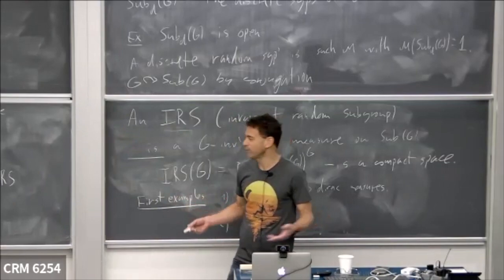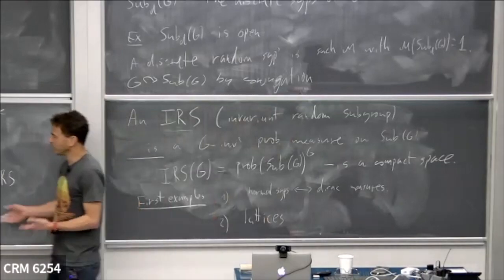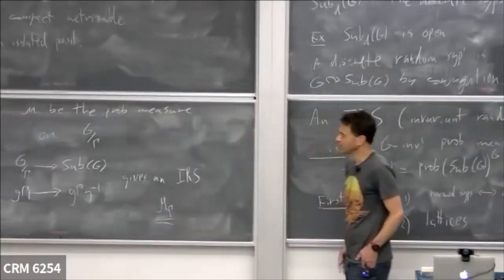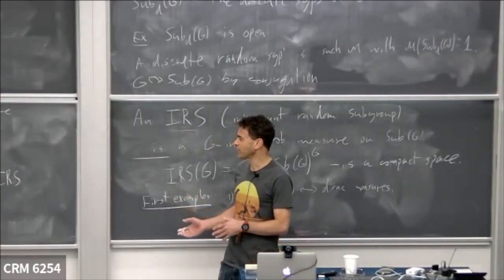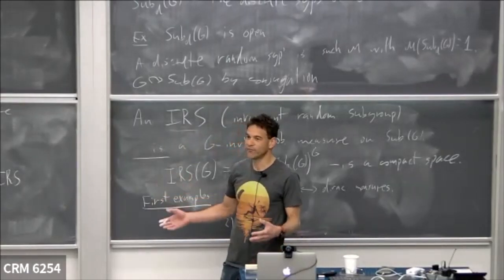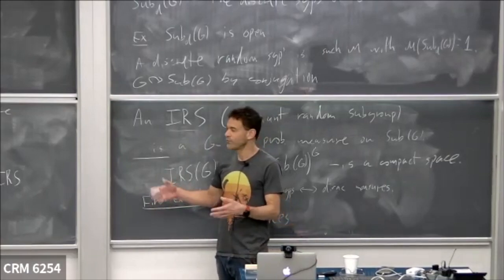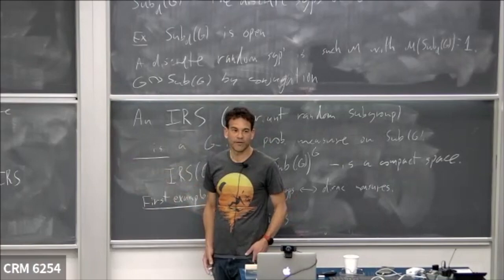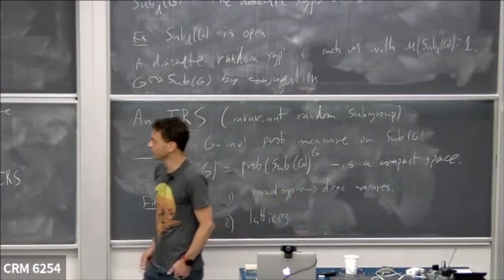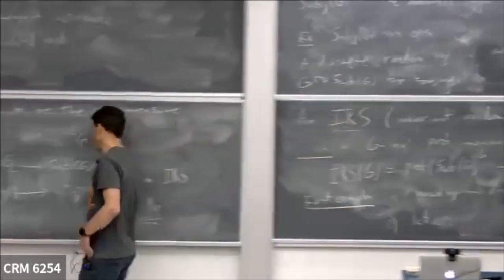People do that, and it's good because then we understand IRSs better. But another direction is to say, okay, it's a generalization of lattices, so let's see if we can say something new about this creature and deduce new results about lattices. That also works, surprisingly. We will see some examples.